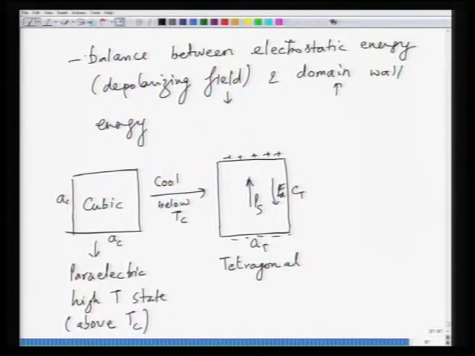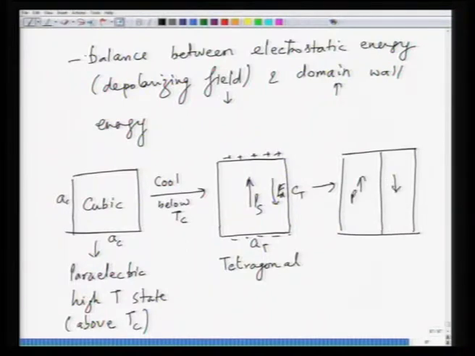Now, this ED makes this monodomain state unstable. As a result, this crystal breaks itself into two parts. This is PS in this direction, this is PS in this direction, and hence the surface charge density goes down, and as a result the depolarizing field gets equal to 0, but you form an interface.